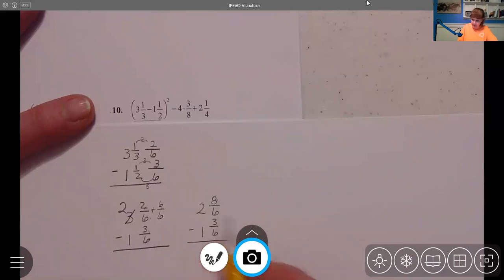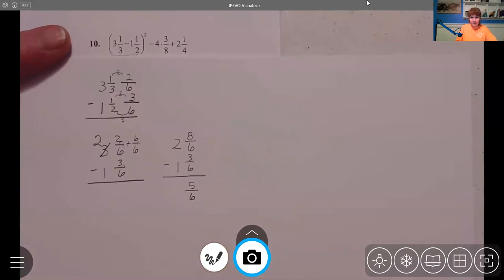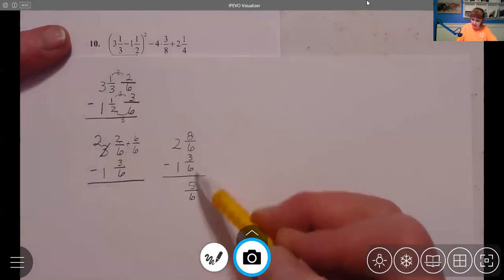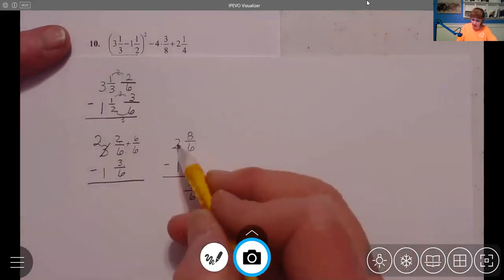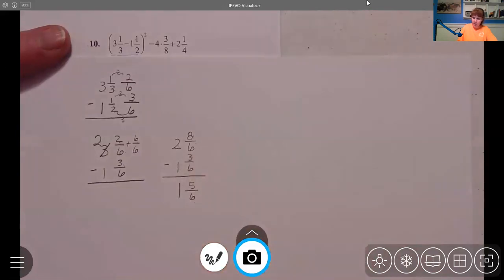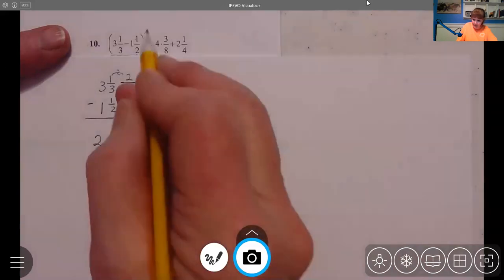When you subtract those, 8 minus 3 is 5, over 6, 2 minus 1 is 1. So in our parentheses, we have 1 and 5/6. We still have to square it.